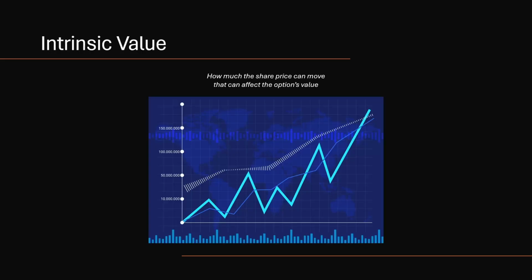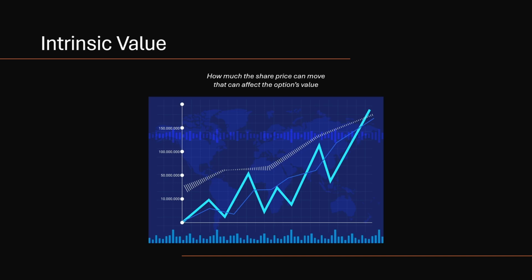Well, this will give a bit more clarity when we talk about the intrinsic value now. So intrinsic value is how much the share price can move that can affect the option's value. If you bought a call, then as the share price moves up, your call option will increase intrinsically by the intrinsic value. But if the share price goes down, if you still have that call, that call option will have a lower intrinsic value because it doesn't benefit on that intrinsic move.